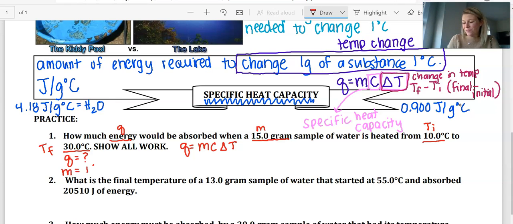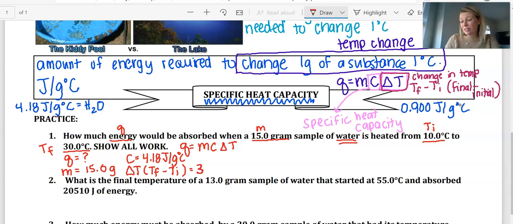Our mass is 15 grams. Our C, our specific heat capacity, is a constant, and we can find that on reference table B, but we are talking about water, and so it's 4.18 joules per gram degrees Celsius. And then our delta T, which remember is TF minus TI.